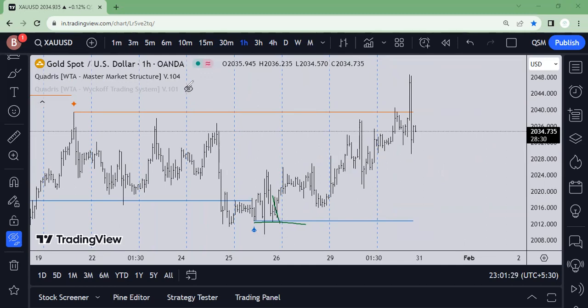I have another indicator which I'm going to give along with this. It is a combo product, market structure with Wyckoff trading system version 1-on-1.